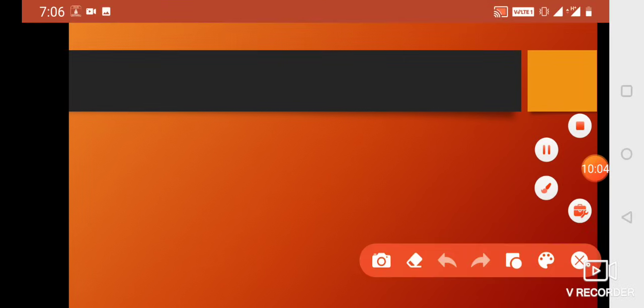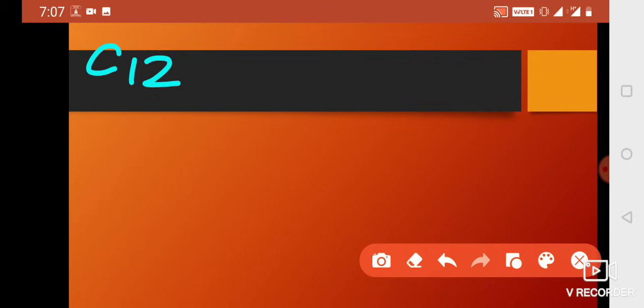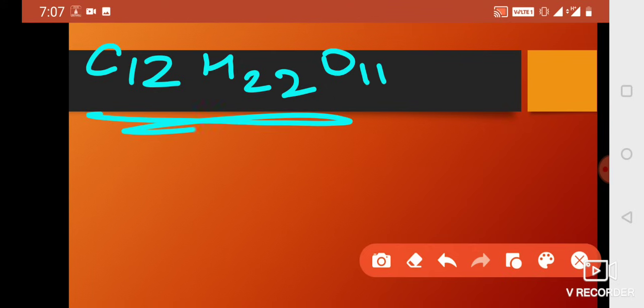Okay, now let us do one more example of what you can take as sugar. Now, sugar formula is C12H22O11. So this is the formula of sugar.